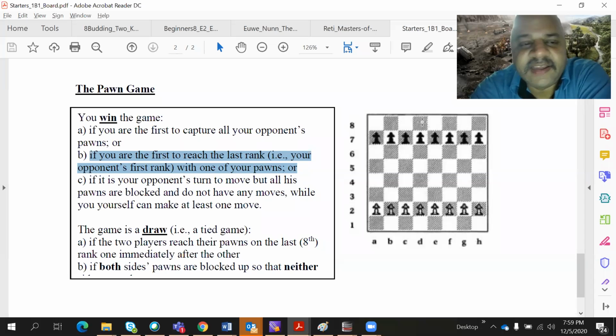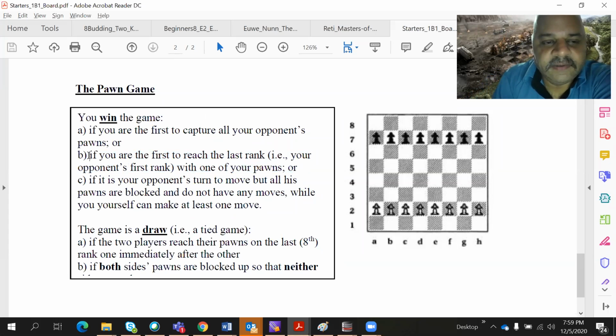Essentially your pawn reaches the promotion square. If you are promoting and on the next move the opponent also promotes his pawn, then it's a draw. But if you are promoting and the opponent is not able to promote his pawn on the next move, then you are the winner.